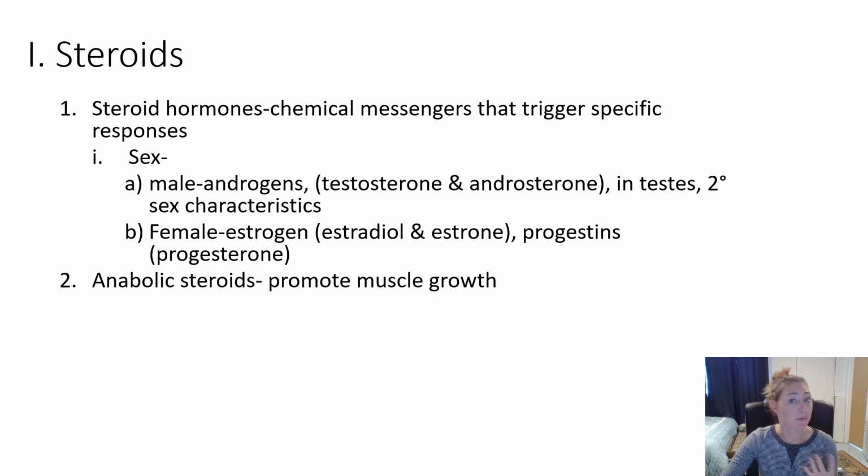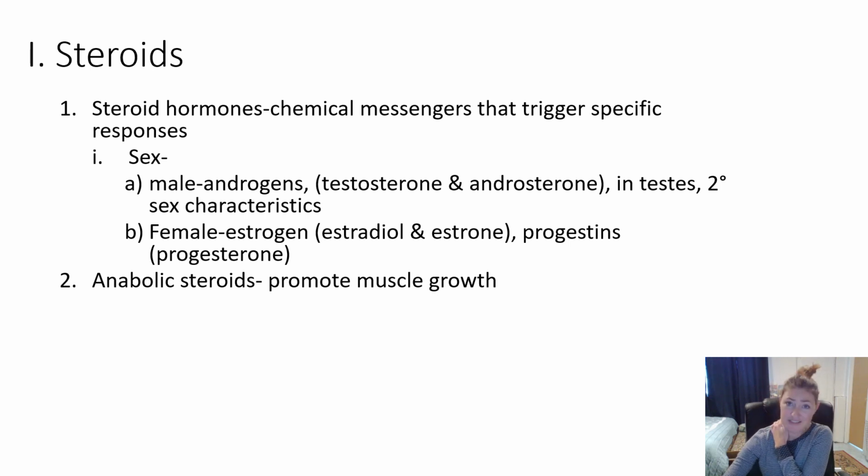Anabolic steroids is probably what you've heard a lot about. These promote muscle growth. These were originally used to help people who had muscles that atrophied after surgery, help them build those muscles back up again, but they've been popularized by bodybuilders and athletes, although they're not allowed to use these.